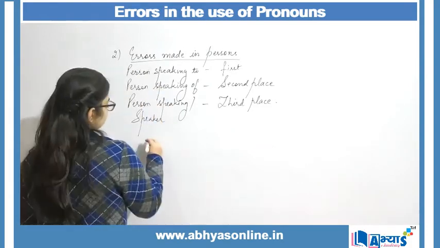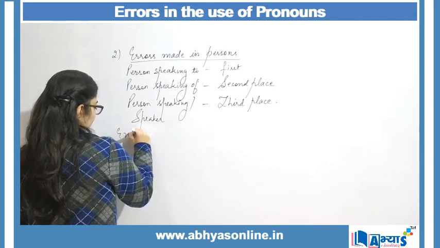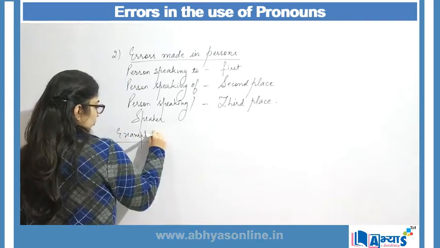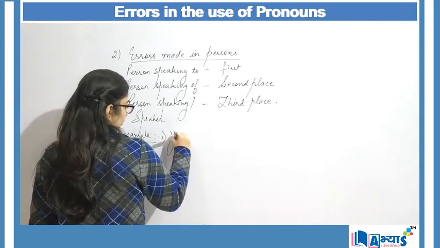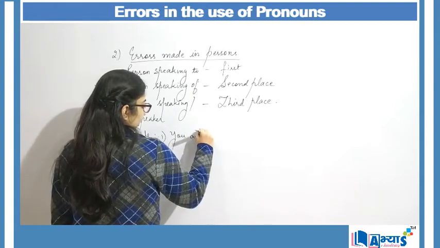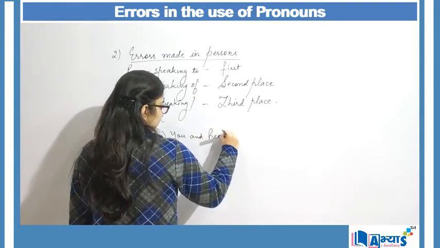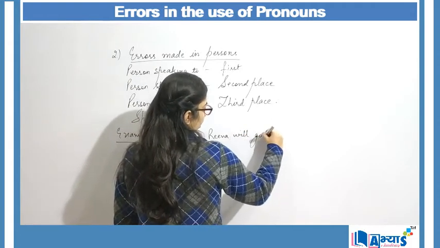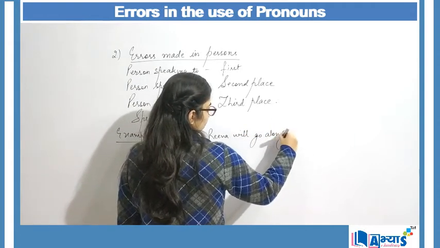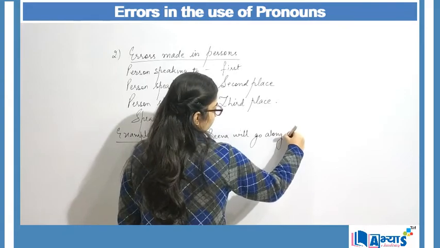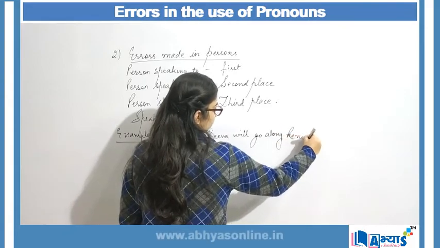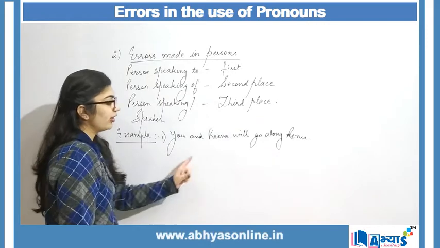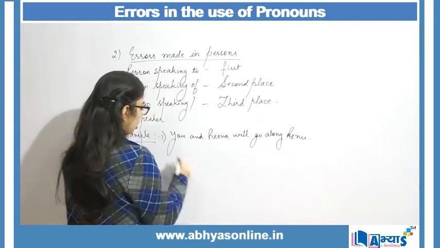Example: You and Reena will go along Renu. You and Reena will go along Renu.